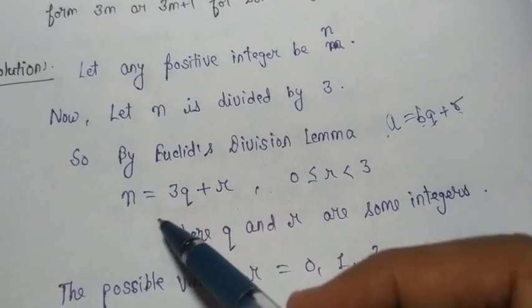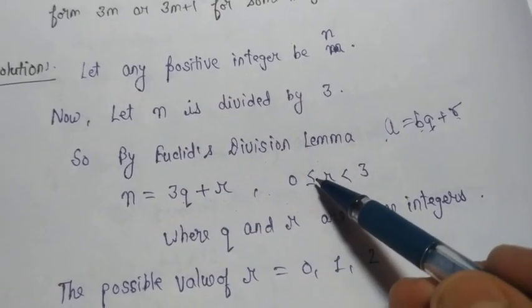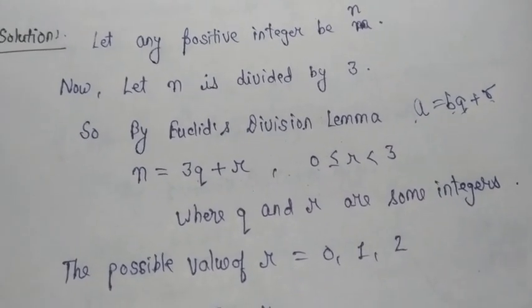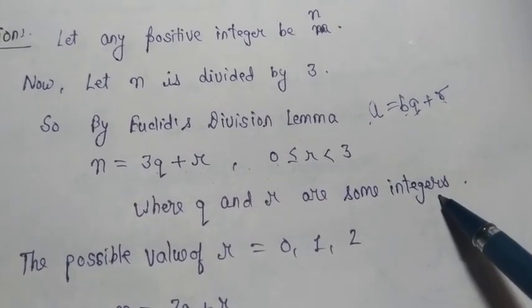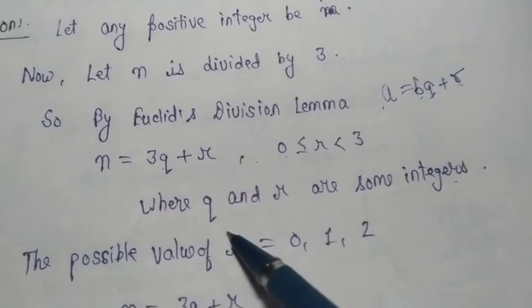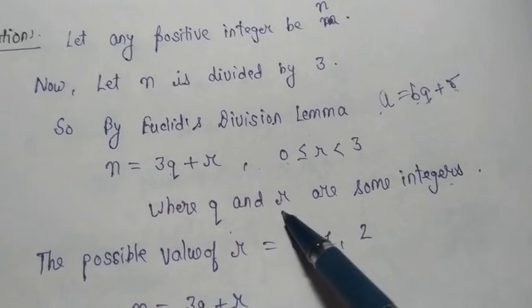Same here also, n is equal to 3q plus r, where r is greater than or equal to 0 and less than 3. After that I have mentioned that q and r are some integers, because in the definition of Euclid division lemma, q and r are also integers, and they are quotient and remainder.